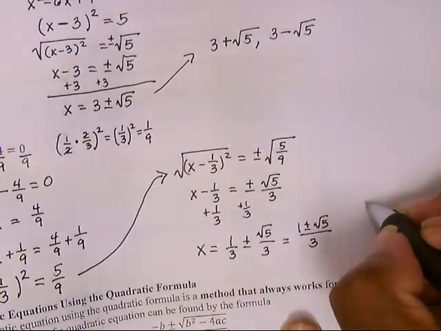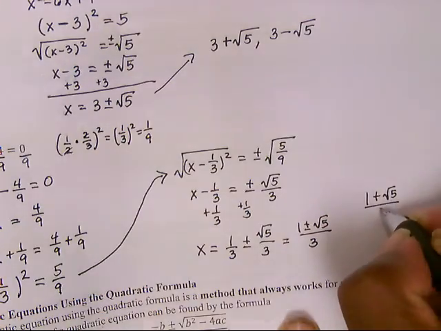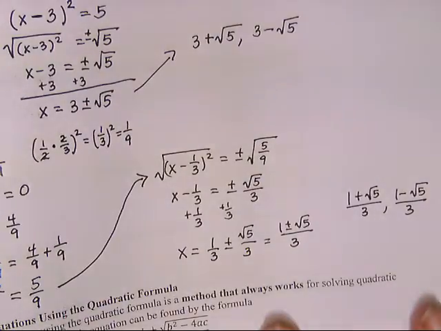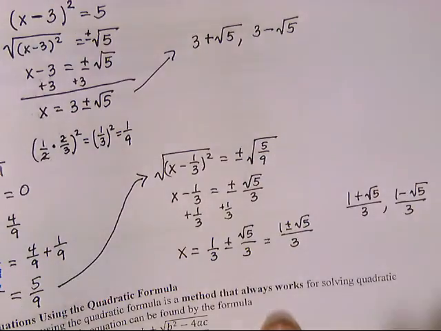Now, my two answers here will be 1 plus radical 5 over 3, and my other answer will be 1 minus square root of 5 over 3. That's the answer you'll have to enter in your homework.